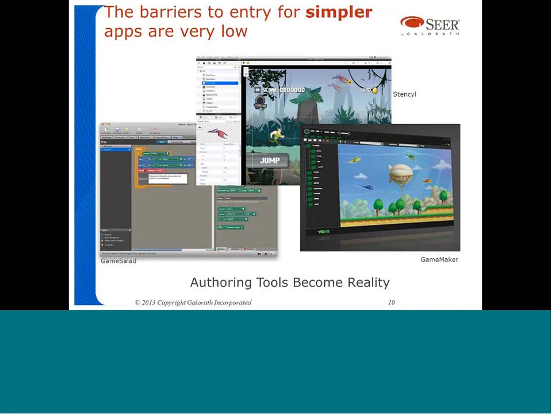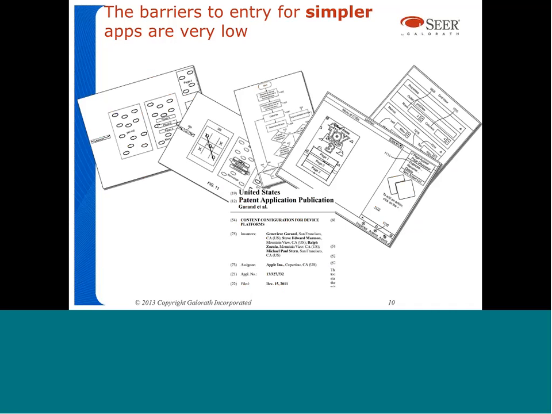Game Salad, Stencil, Game Maker are authoring tools that let you build a game, I think, without ever touching code. I think you are able to, in some of these, actually touch code if you'd like, but you don't have to. And so we've really arrived in many ways at app development that doesn't have to engage the developer in native coding. And it's just going to get better or easier, depending upon your perspective, or cheaper.